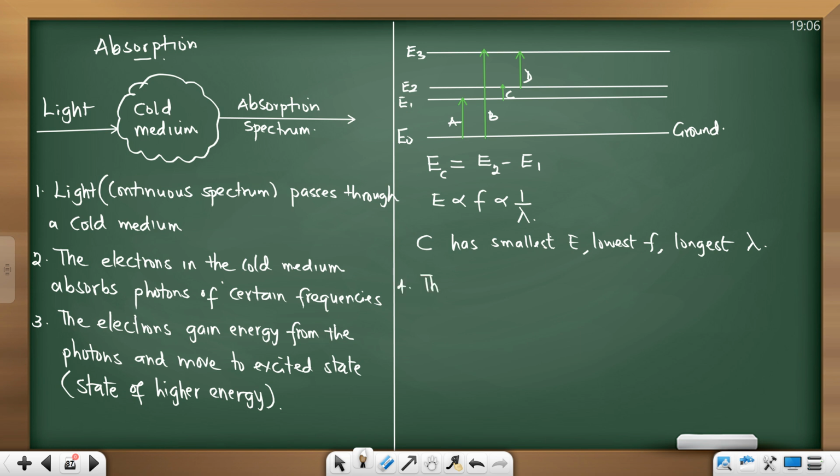The last point on this now, number 4. The spectrum observed is a colorful background. Oh, my body is really lagging. Colorful background with black lines.